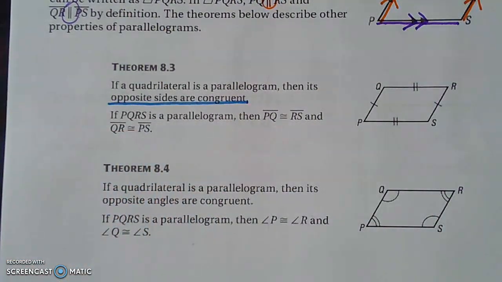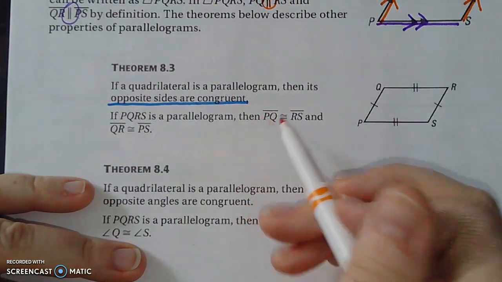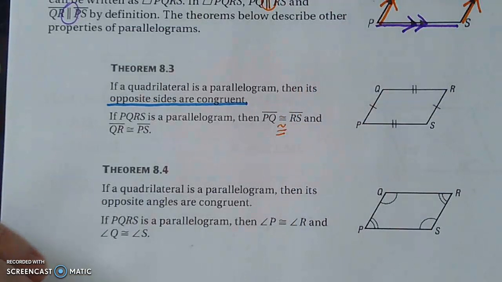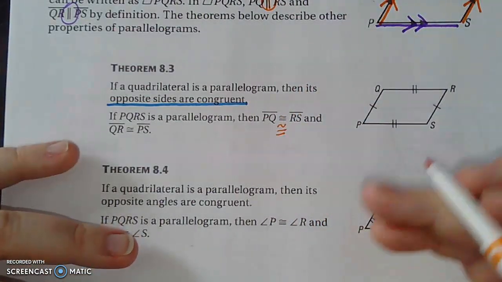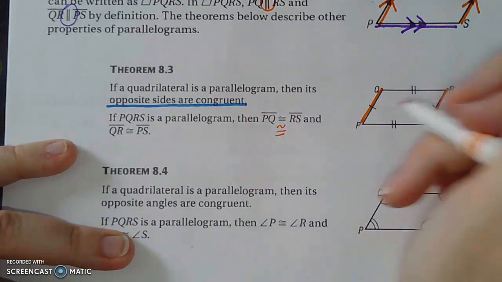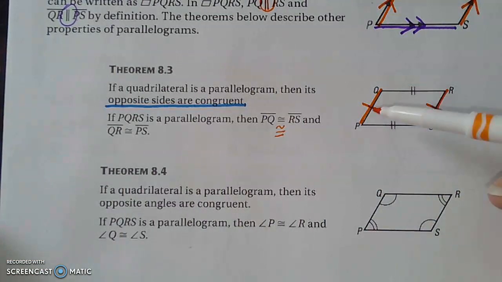Okay, so moving on to theorem 8.3, it says if a quadrilateral is a parallelogram, then its opposite sides are congruent. So let's look at some key symbols here. I see side PQ, and then the congruent symbol, which just means that PQ and RS are the same length. How we recognize that is we have the dash symbol showing that they are congruent.